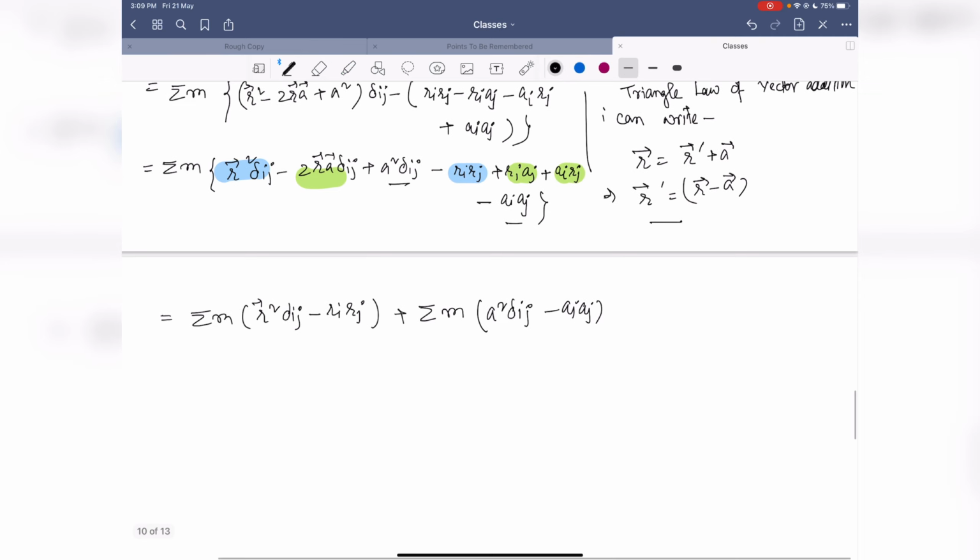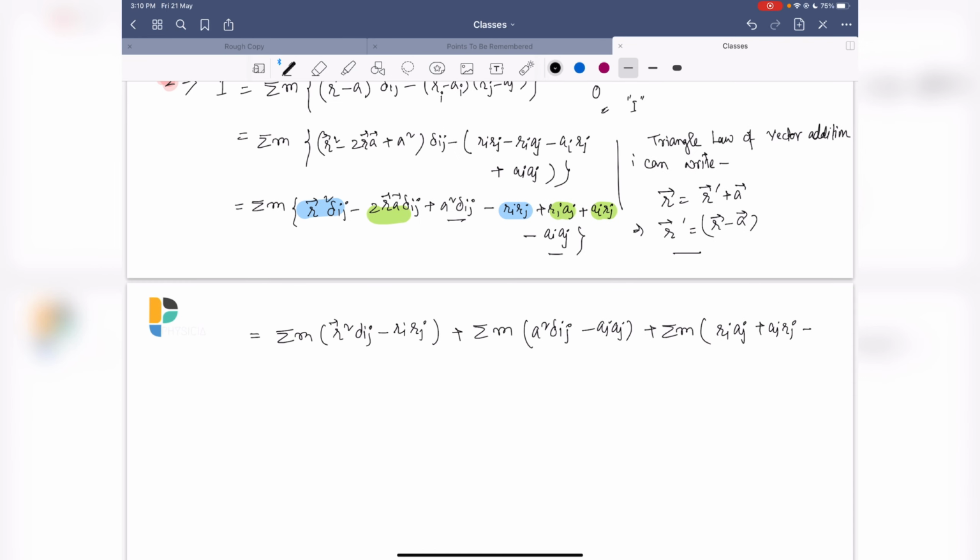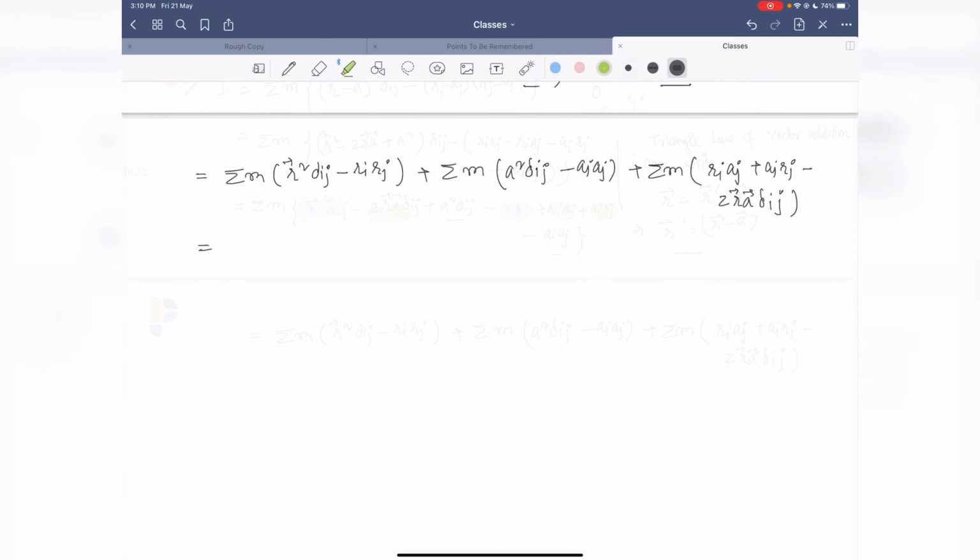So let's write them: plus the summation of m, Ri aj plus ai Rj, minus twice of R dot a delta ij.